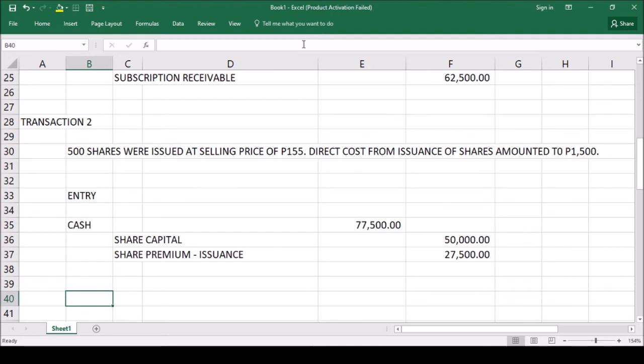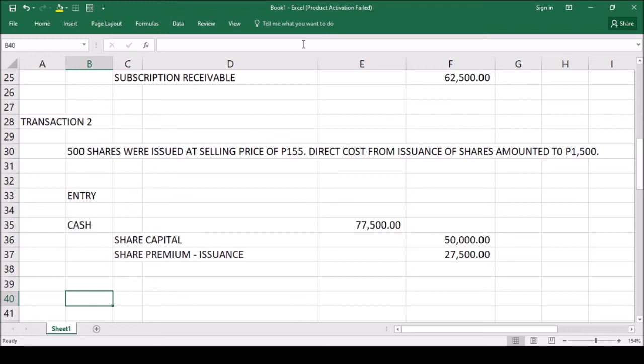If the share premium is, sabihin natin kulang, if the share premium is insufficient, we need to recognize the direct cost as expense immediately.